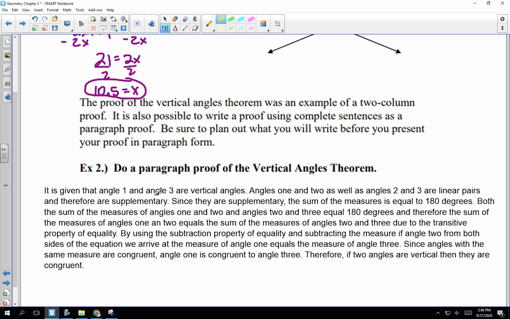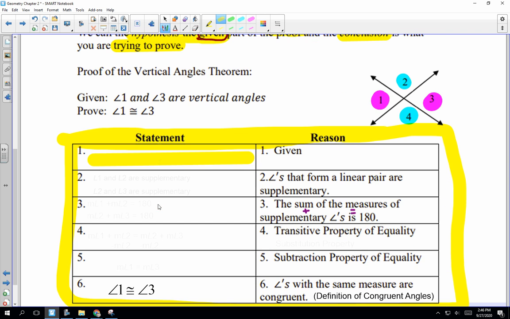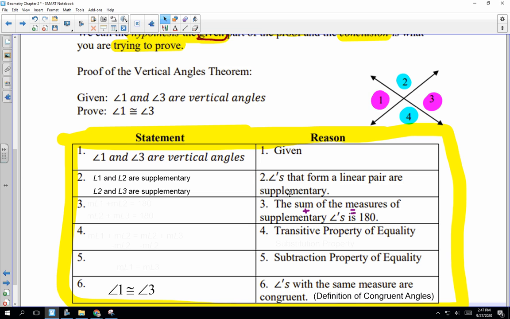So the paragraph proof says, it is given that angle 1 and angle 3 are vertical angles. Angles 1 and 2, as well as angles 2 and 3, are linear pairs and therefore are supplementary. So all it is, is restating the things that we've done.